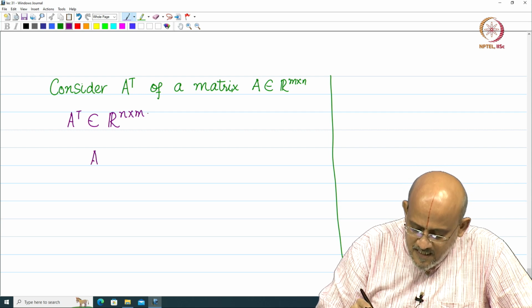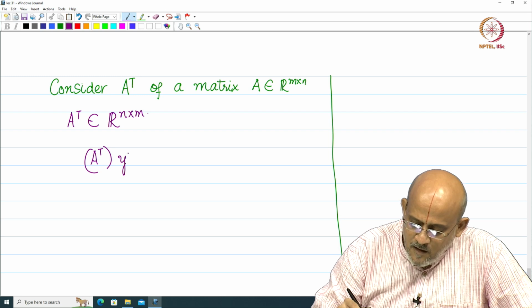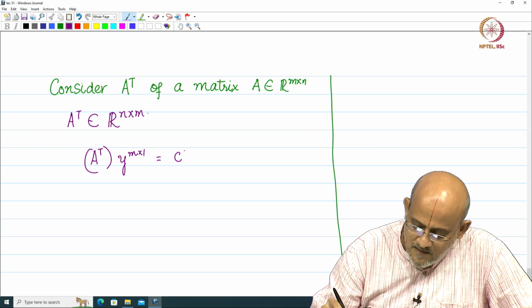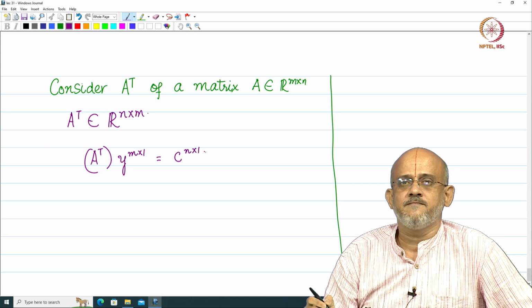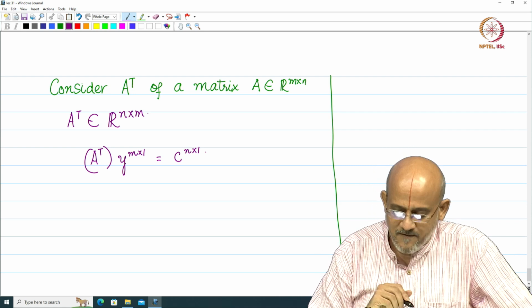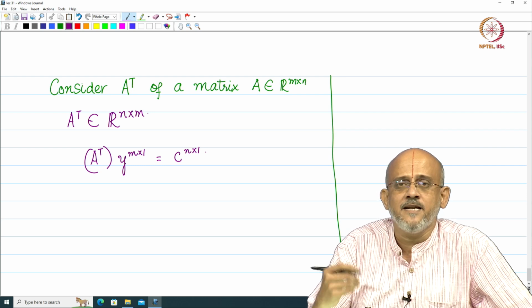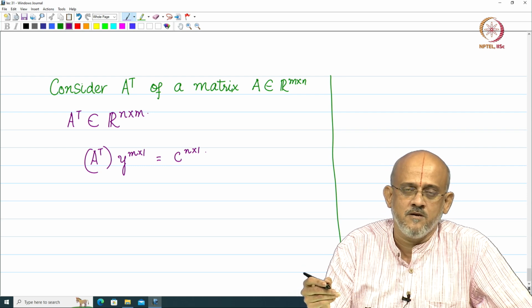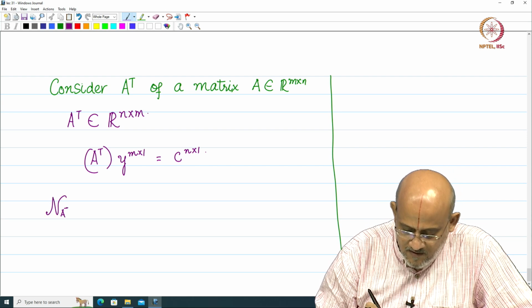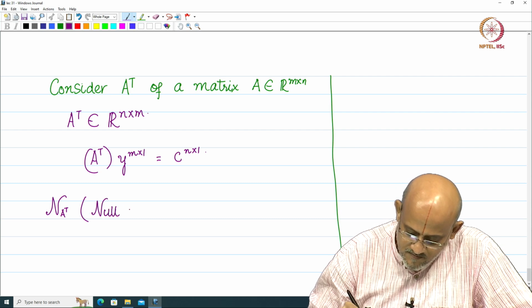That means A transpose operates on, or transforms, an m component vector to give an n component vector in R n cross 1. Is that right? So A transpose is basically this. Now we can again associate a null space with A transpose and a column space with A transpose. So we are going to look at the null space of A transpose, which we call N(A transpose).